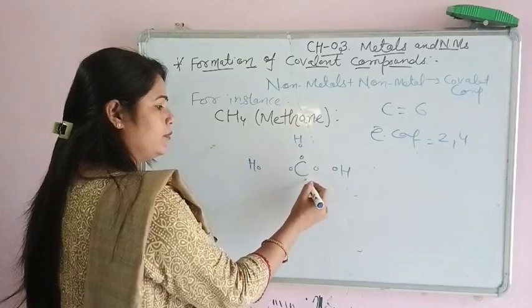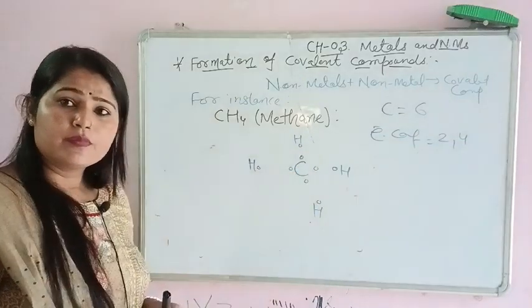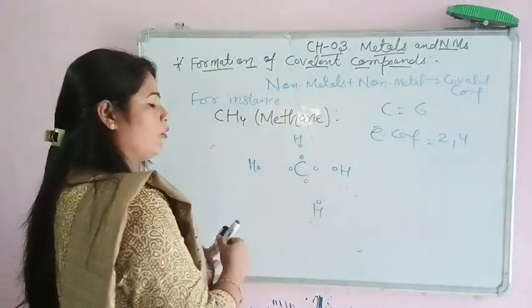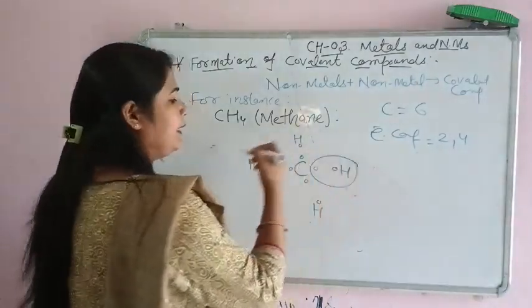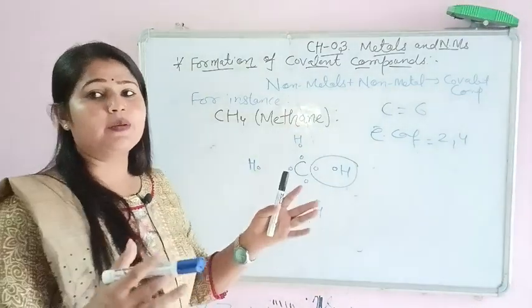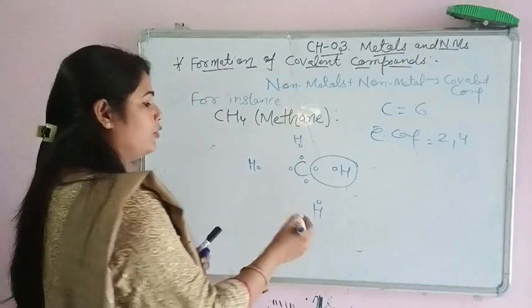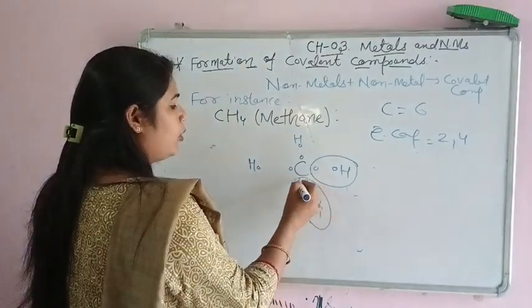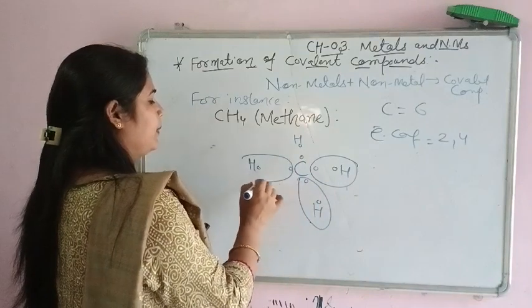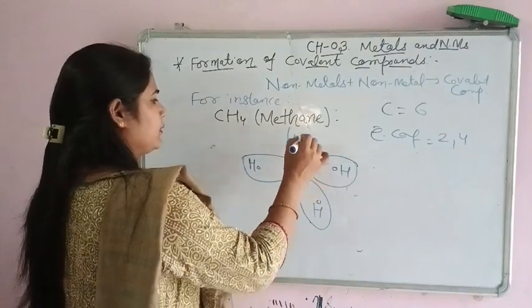Same. So the hydrogen atom shares 1 electron from this carbon, and it contains 2 electrons in this circle. That means the hydrogen atom is stable. This hydrogen atom also shares 1 electron from the carbon atom and completes its stability.